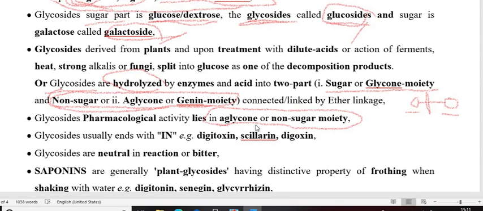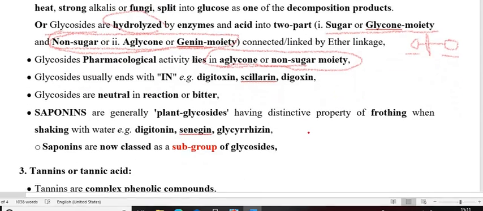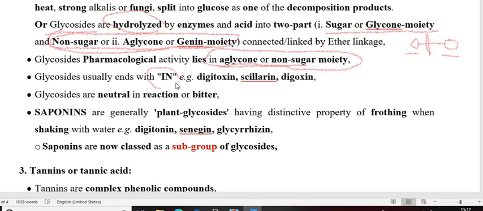The examples we already discussed. In the case of alkaloids, names end with -ine, but glycosides end with -in. So this is a very good example. The examples of glycosides we already discussed earlier.